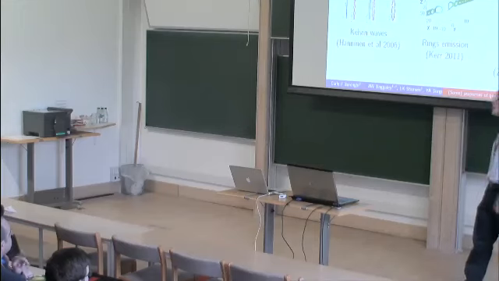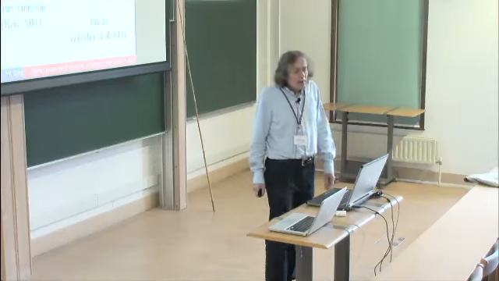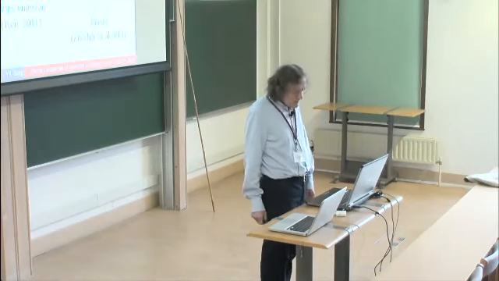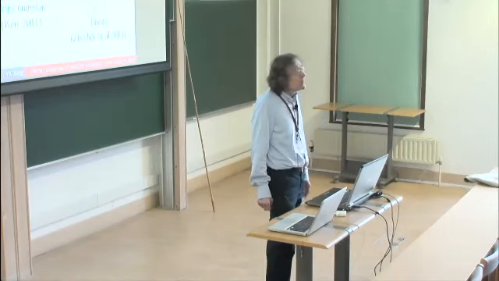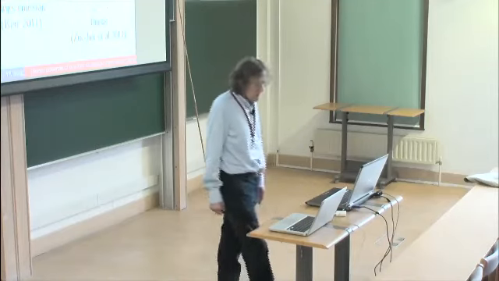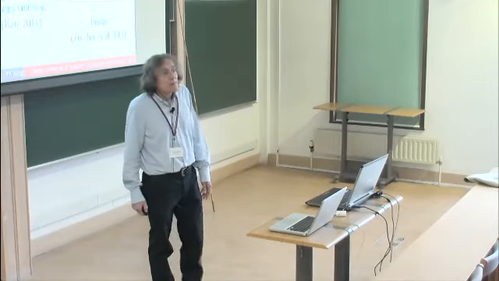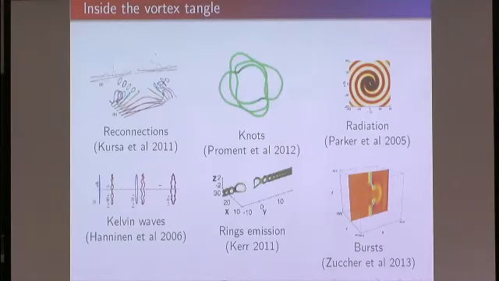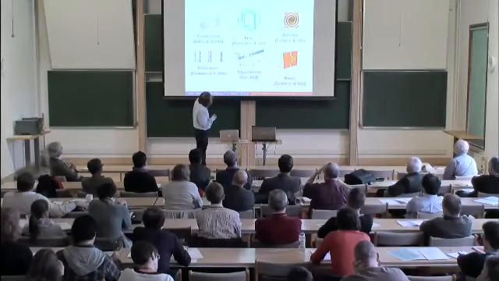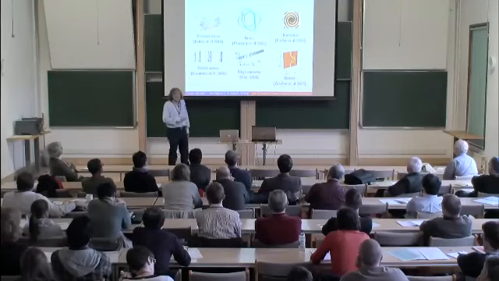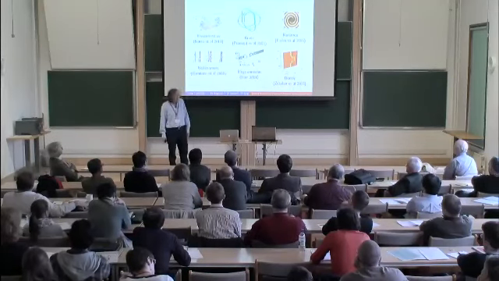If we look at some smaller scale, also other effects are very interesting. When vortices move at high frequency, they can produce sound waves. That's classical fluid mechanics. But this radiation actually means losses of kinetic energy. In this picture, you see two vortices of the same polarity which rotate about each other, and this pattern is the actual sound wave which is generated.